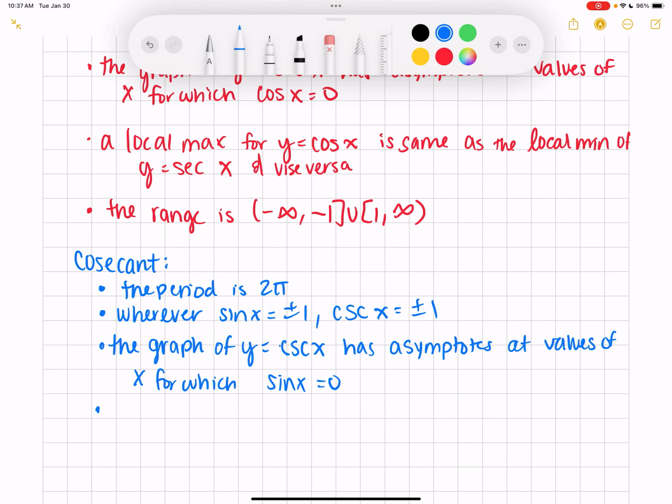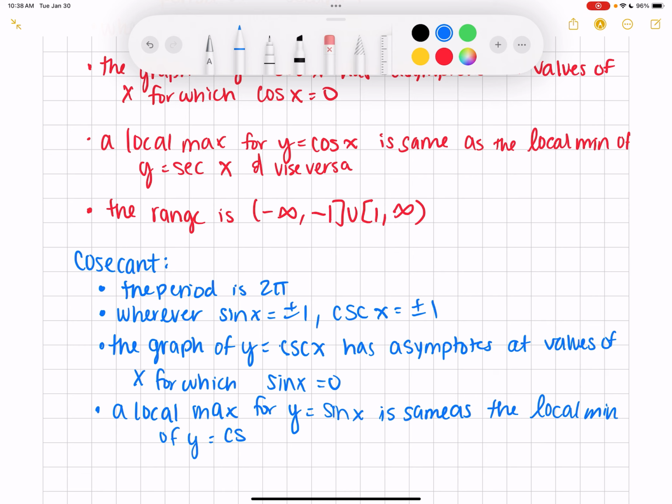There is a local max for y equals sine of x, and it is the same as the local min of y equals cosecant of x, and again vice versa, the opposite is also true.